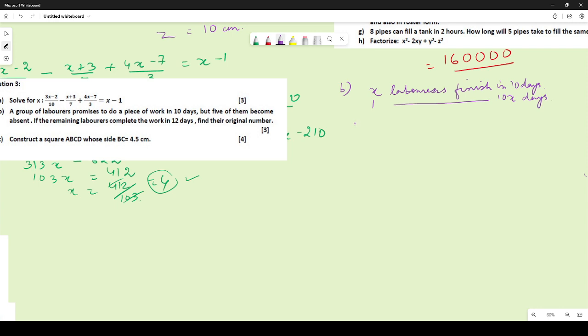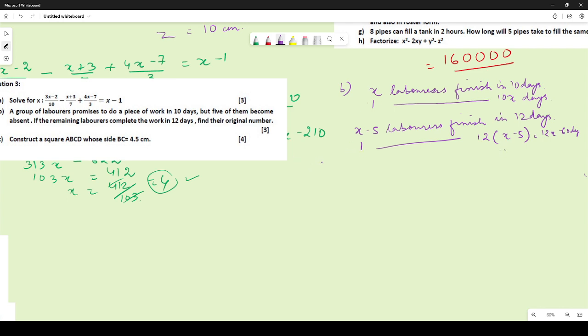The second condition says x minus 5 laborers finish in 12 days. So that means one laborer will finish in 12 into (x minus 5), which is equal to 12x minus 60 days. Now this is also the time one laborer is taking and this is also the time one laborer is taking.